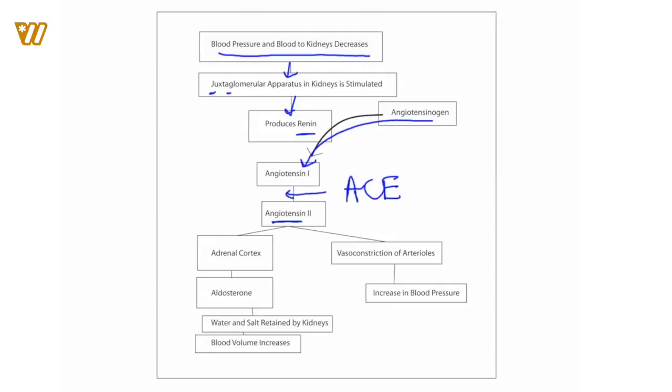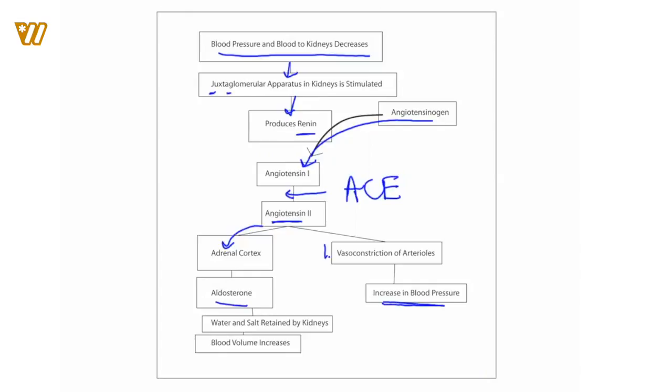And look at what angiotensin 2 does. Angiotensin 2 can either go and just cause vasoconstriction of the arterioles, and it is a potent vasoconstrictor. When you have a vasoconstriction of the artery, what happens? Right, you have an increase in blood pressure. Now let's go the other way. If angiotensin 2 goes to the adrenal cortex, what does it release?